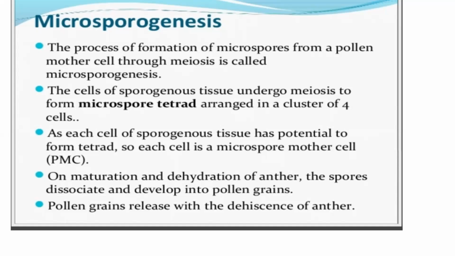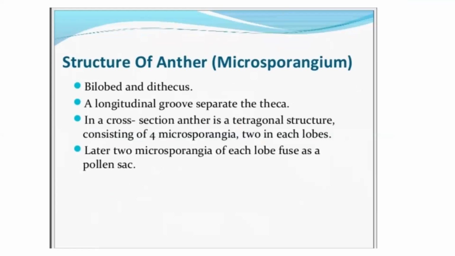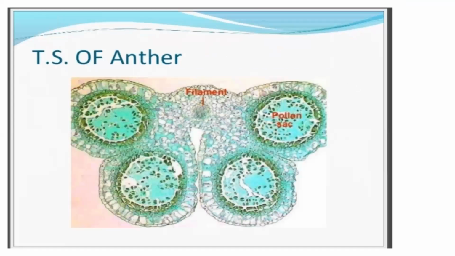We know the structure of the anther; this is the TS of anther. The pollen sac has 4 lobes, as you can see here. All the pollen mother cells or pollen tetrads are present in the 4 lobes.